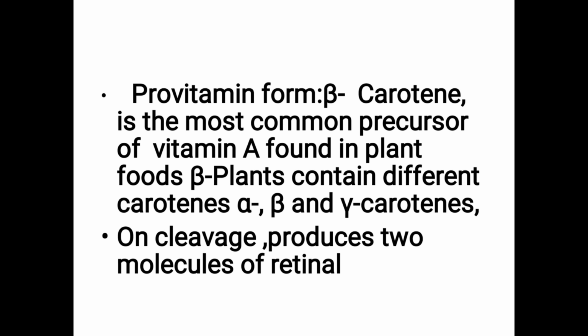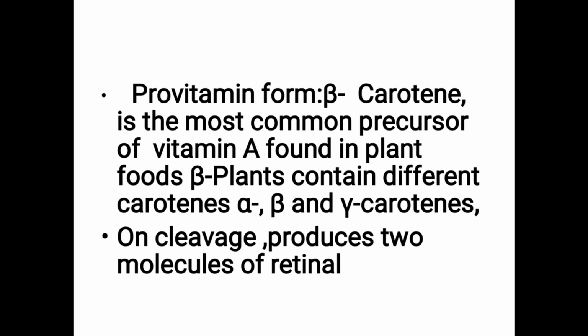As a one word answer, you just remember this. Otherwise, the three biological forms are retinol, retinal and retinoic acid: one is alcohol, one is aldehyde, the third is acid, retinoic acid. On cleavage, this beta carotene produces two molecules of retinal, which is finally converted to retinol. This is mainly present in carrot, yellow pumpkin and such foods.